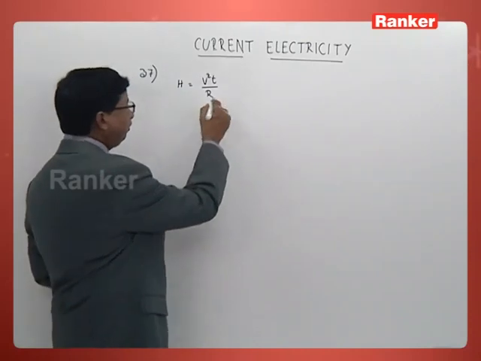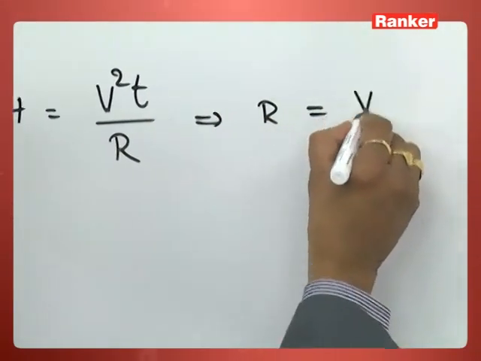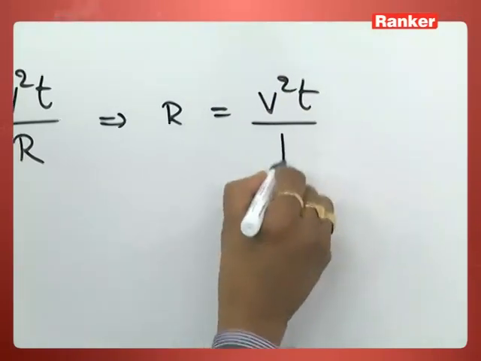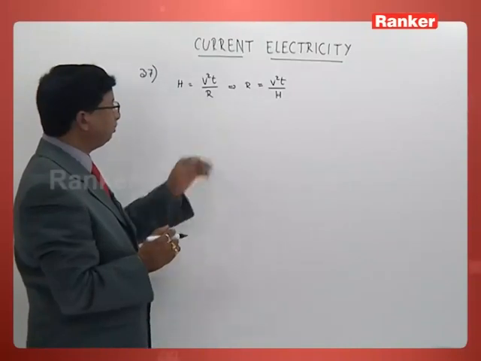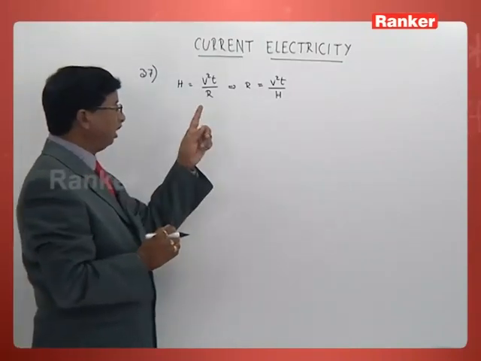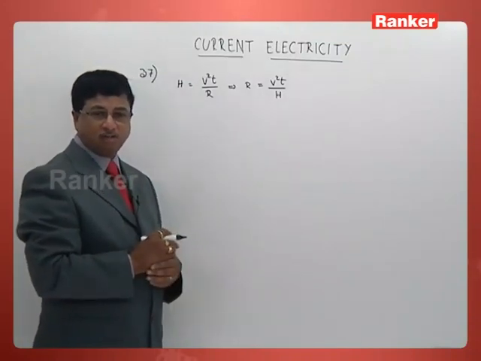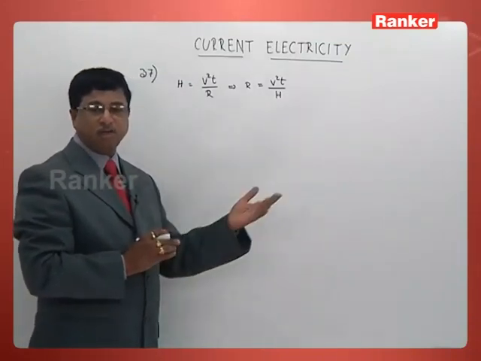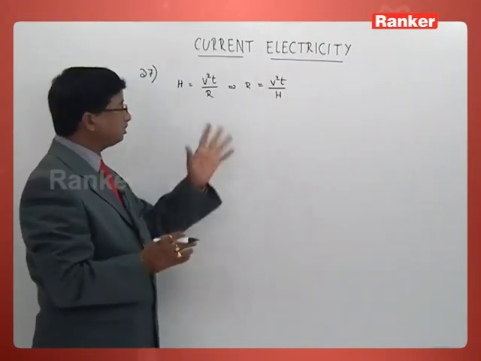So what can we write from this now? It can be written R is equal to V square T by H. In this particular case, time has been taken as 10 minutes for the first coil, and the second one takes 15 minutes. Both are now connected in parallel. That is the concept.